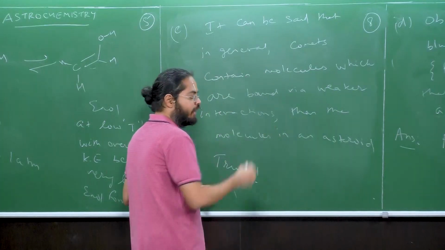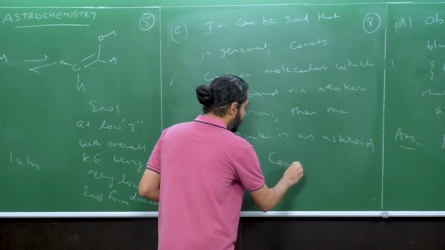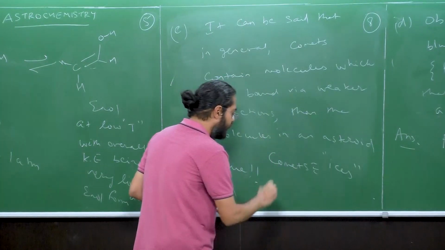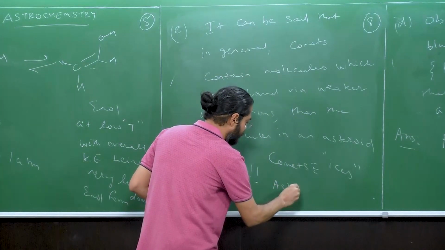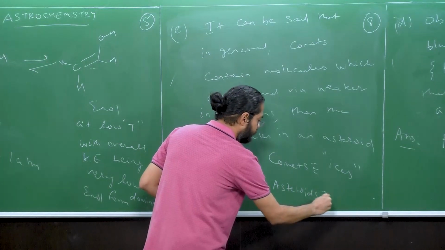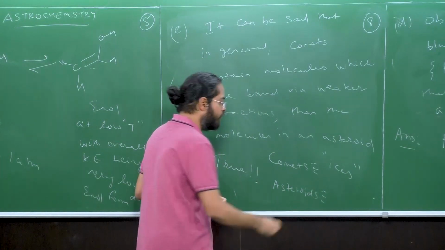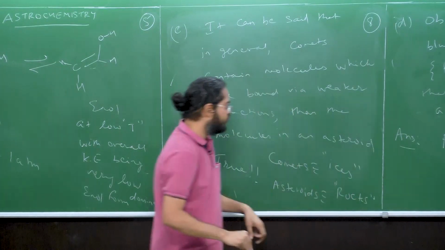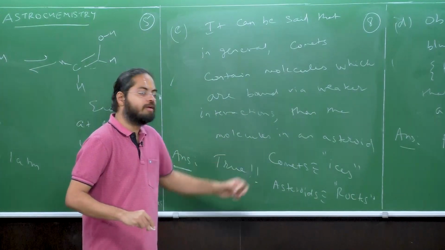So that is why in the comets we have the formation of what are called ices, whereas in the asteroids and the meteorites we have the formation of rocks.